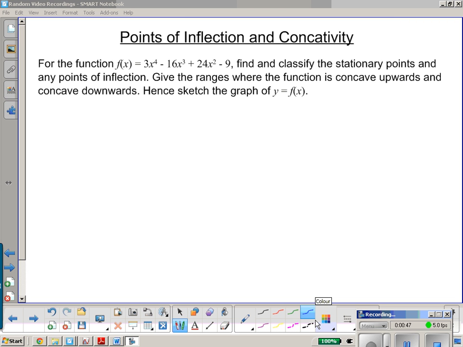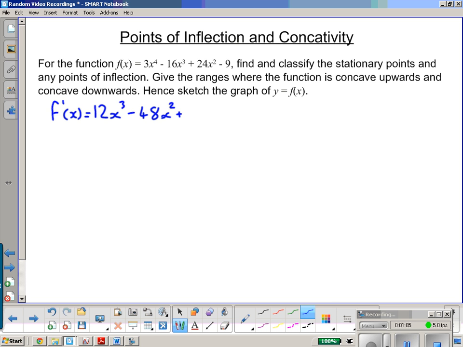To find the stationary points, we have to find f dashed of x, which in this case is 12x cubed minus 48x squared plus 48x, and the 9 disappears when we differentiate it. Let's just factorize that to start with, because we're going to need to factorize it later anyway.